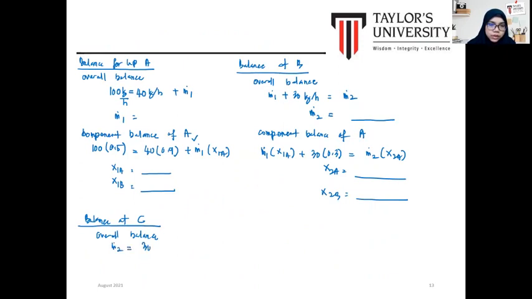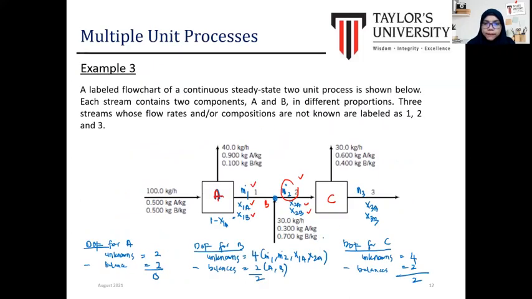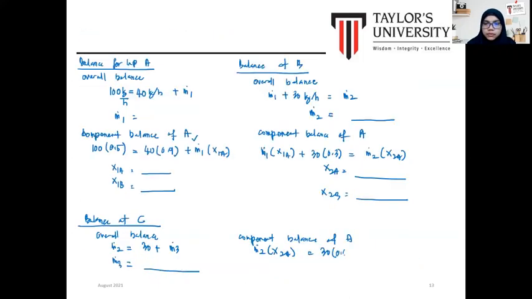Then you can get the M3, and then from the component balance of A here, we have M2 S2A equal to 30 times 0.6 plus M3 S3A. And then you can get the S3A, and then S3B equal to 1 minus S3A. So this is how you solve the balance.